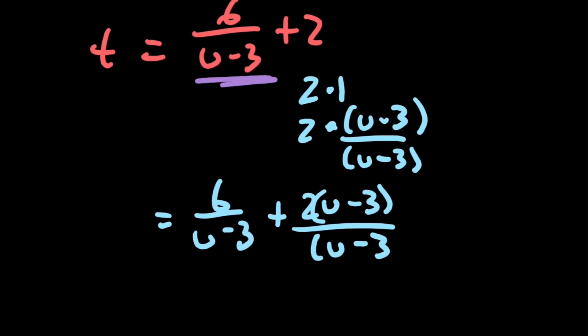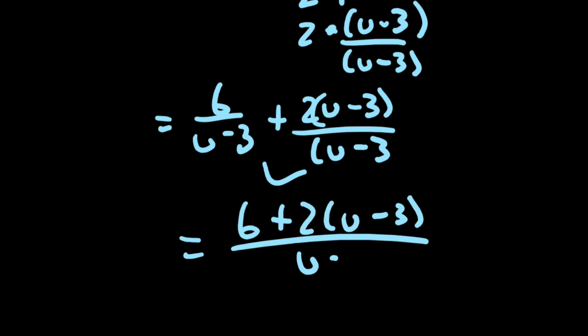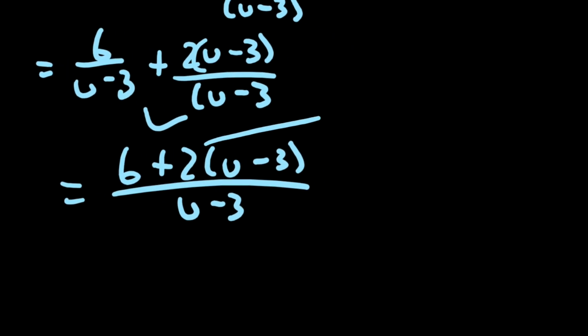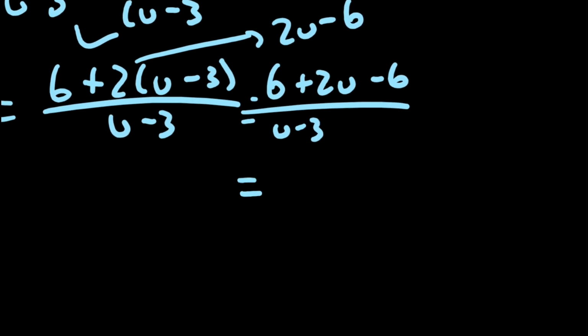Because these have a like denominator, we can combine them. So we get 6 plus 2 times u minus 3 over u minus 3. We can simplify the top to 2u minus 6, so we get 6 plus 2u minus 6 over u minus 3, which is equal to 2u over u minus 3.